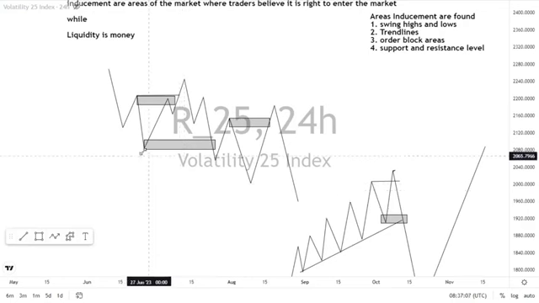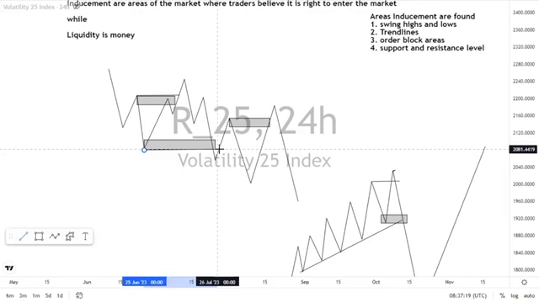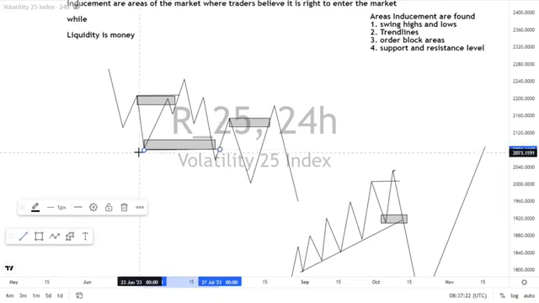When we talk about the secondary inducement, you are waiting for the market to take out your external liquidity. This is our external liquidity over here. Check out my video on types of inducement, and you're going to get everything I am talking about. So we have our external liquidity takeout.